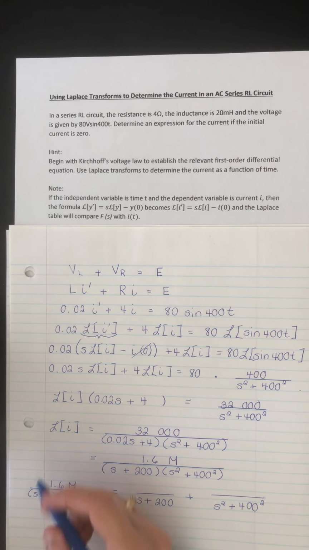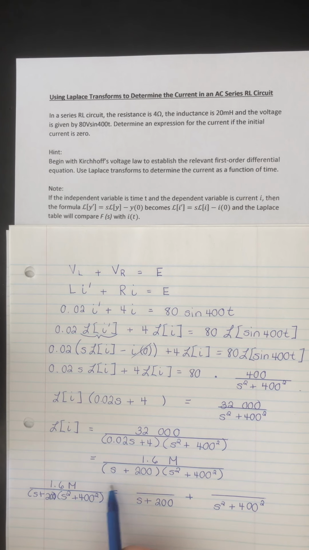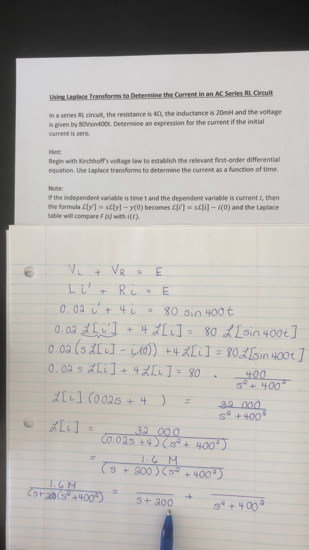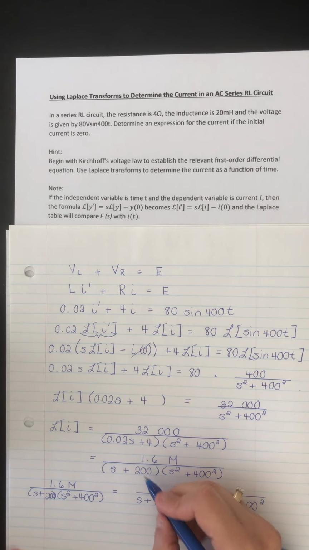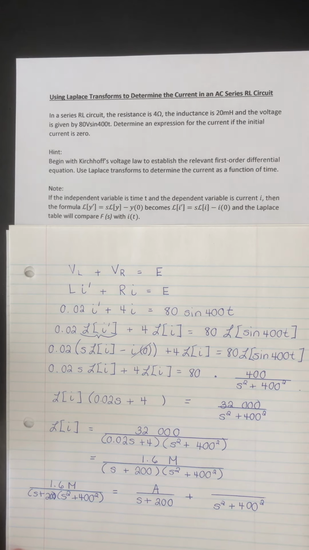Because this is s plus 200, okay, because this is a linear term, we require only a single letter in the numerator. But this term is quadratic. Okay, so in the numerator, we require something linear. In other words, something of the form b times s plus c.